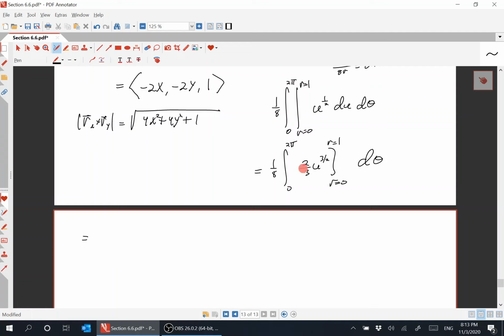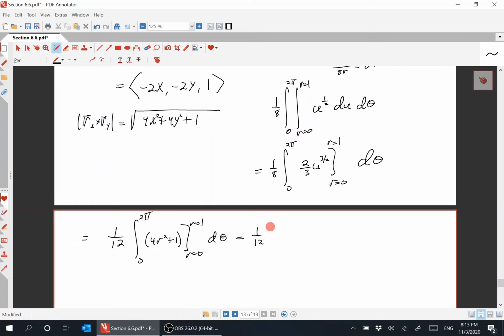So this is equal to 1/12, integral from 0 to 2 pi, (4r squared plus 1) to the 3/2 from r equals 0 to r equals 1, d theta.